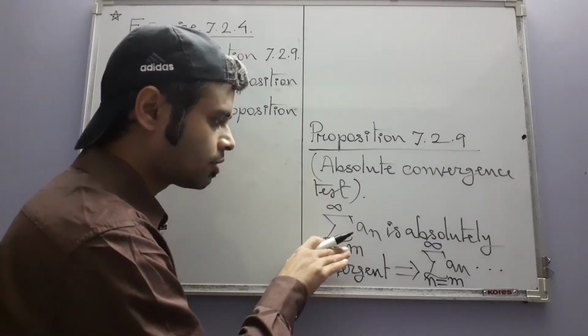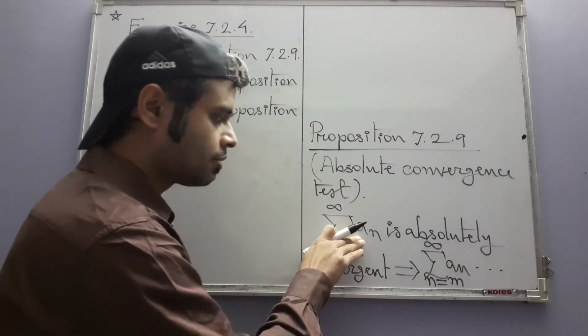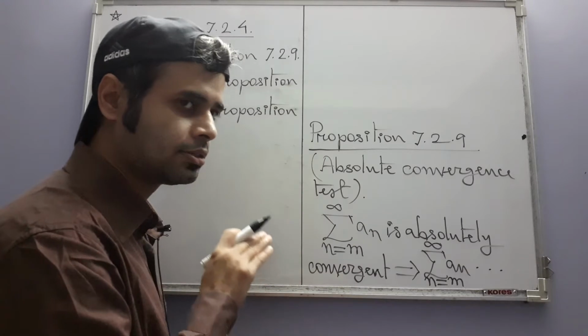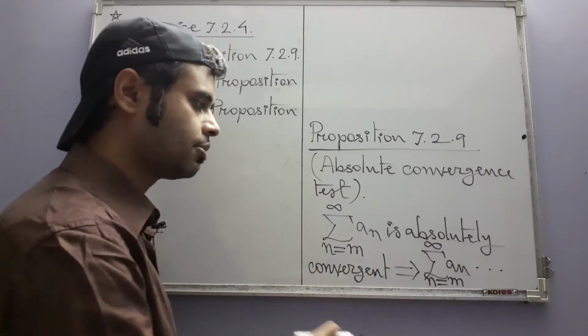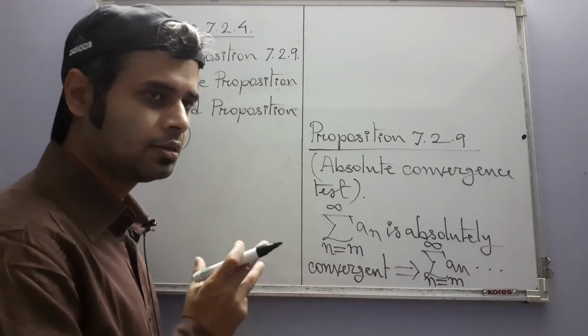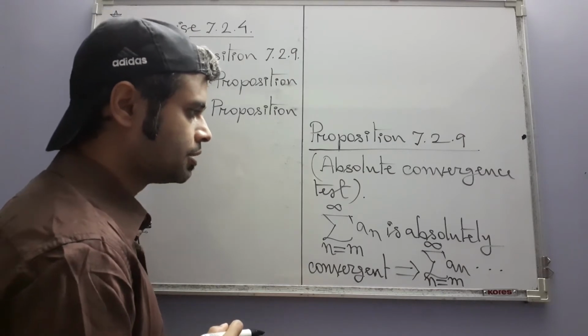So absolute convergence of an infinite series of real numbers implies it is also convergent. That's the main thing of this proposition.